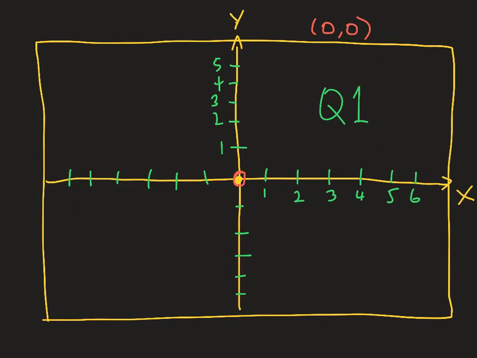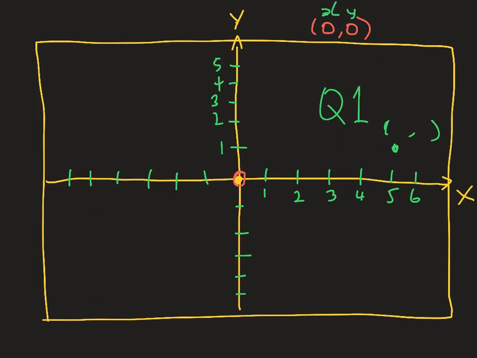So if we have, say, the fly was here, then we know that position would be, so I've got my brackets, I've got my comma in the middle. We do the x-axis first and then the y-axis.